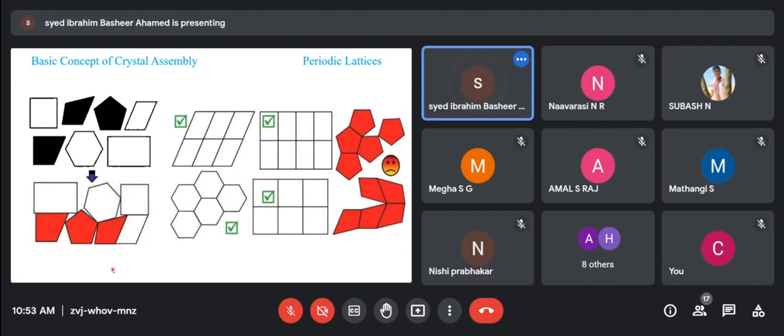Beyond these 7 types of crystal system, so far we have not identified any. When it is a crystal, it will be properly arranged, right?